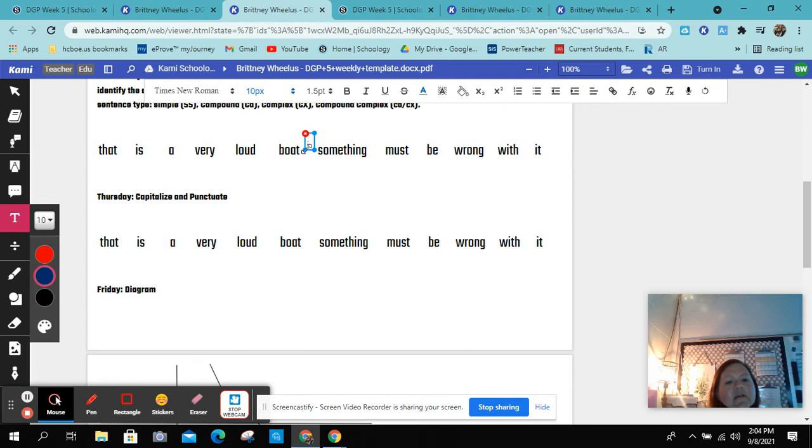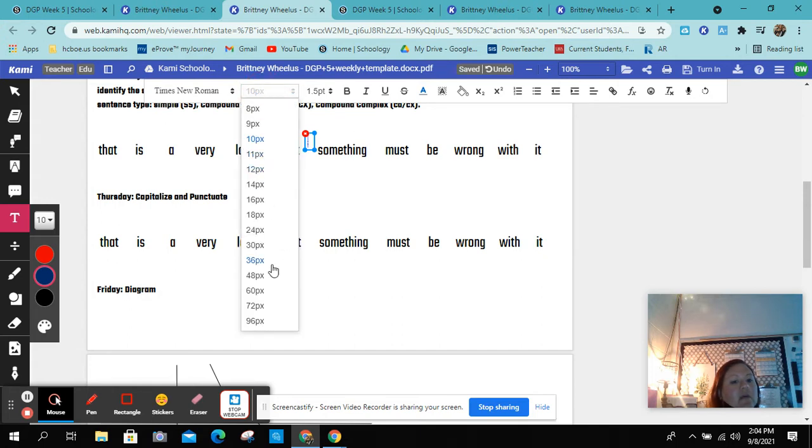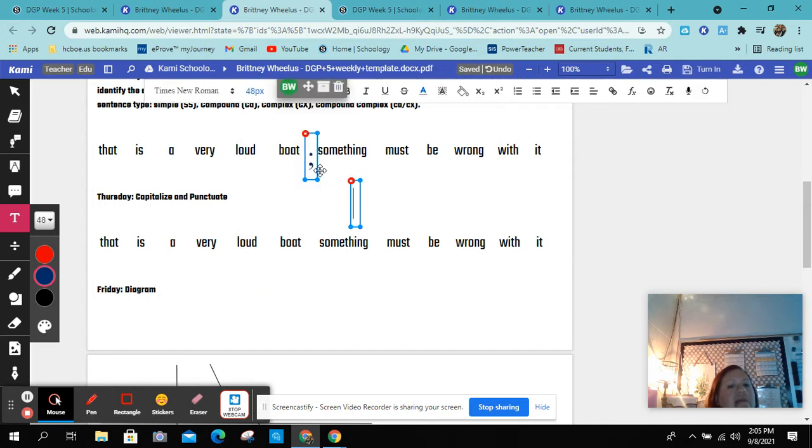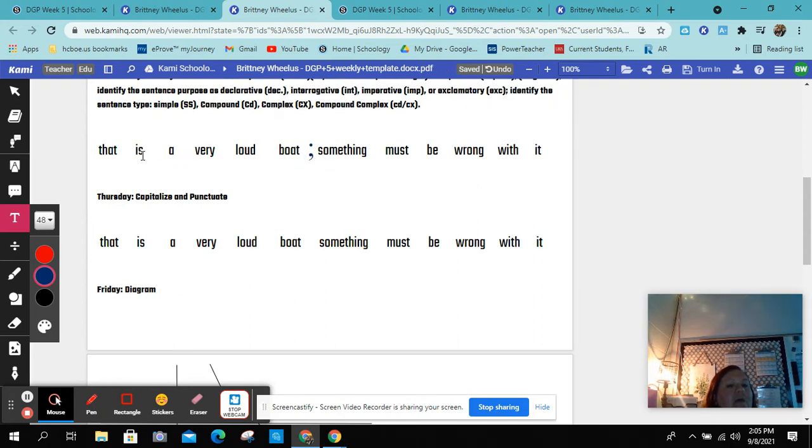Can anybody in here tell me why I put a semicolon between boat and something? Savannah. It separates the two clauses, okay? Now, we do have 2 separate clauses, and we have to determine if those clauses are independent or dependent, okay?